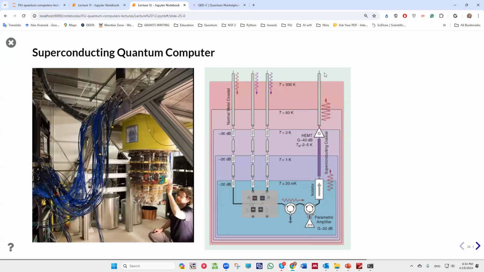This readout part is another technological challenge.